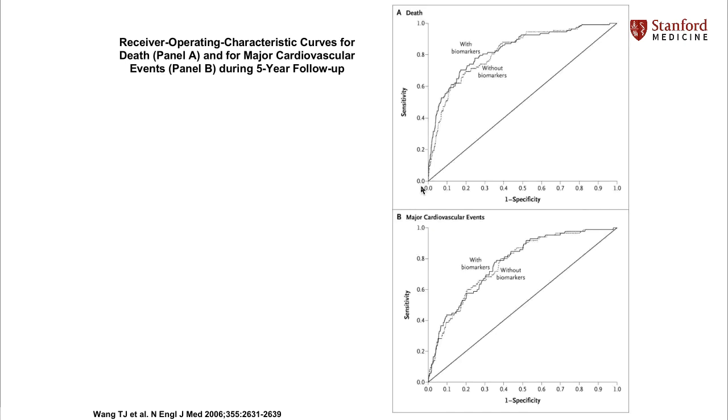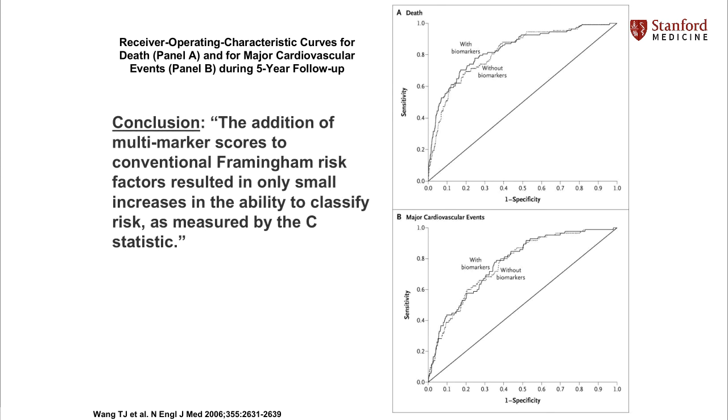Here's an example where researchers ran a Cox regression model to predict death or major cardiovascular events. They ran one model using the traditional Framingham risk score, and a second model where they added a panel of 10 biomarkers, which they call the multi-marker score.